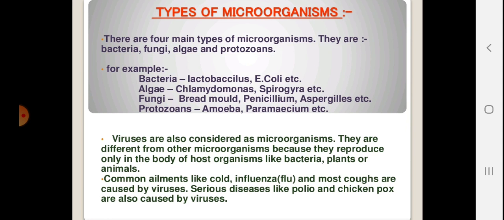So, I was discussing the examples of bacteria, algae, fungus and protozoa to you, and even we were discussing how they are useful or harmful to us. Now, apart from these four major categories, a fifth category is also there in the case of microorganisms, but we have categorized virus separately because the rest of the four microorganisms are always either in the living form or non-living form, but virus is quite unique.